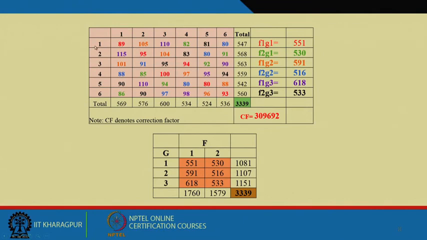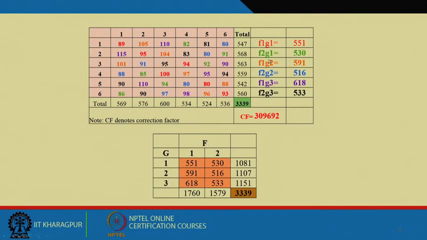When we make row totals, we will get row blocks, and when we make column totals, we will get the column blocks. For the factors G and F, we will create a separate table from this. So, we know that G is at low, medium, high, and F at low and medium, or F1 and F2. If we sum the observations, we will be getting this kind of table.